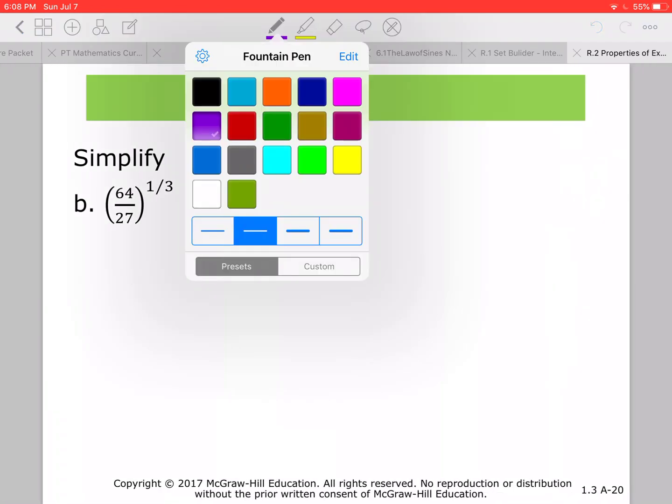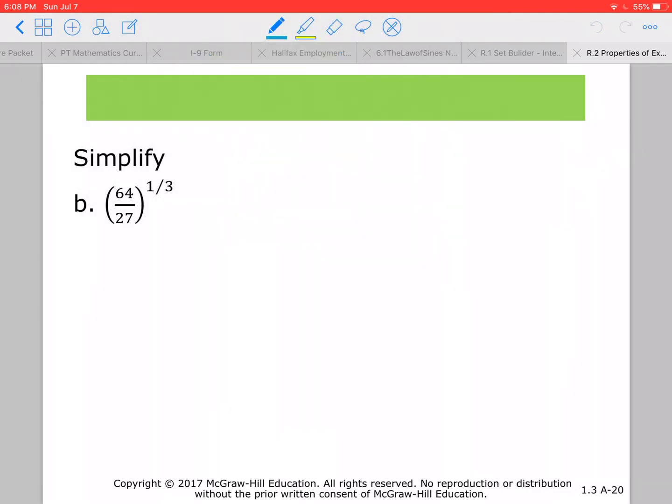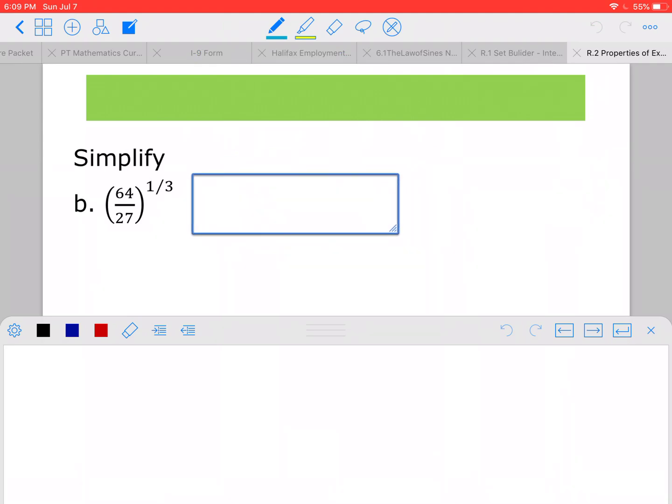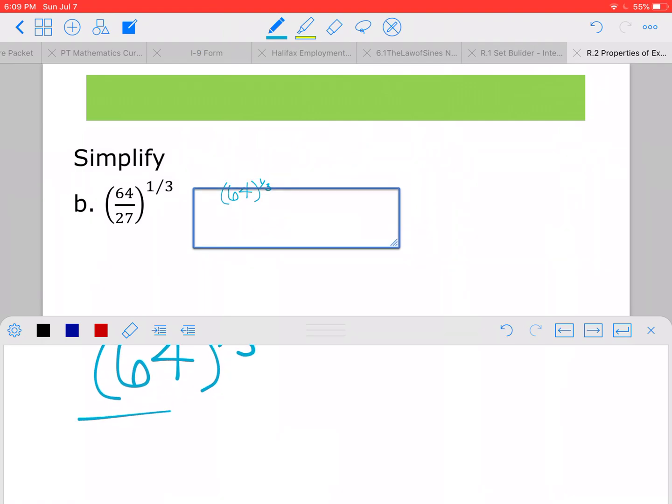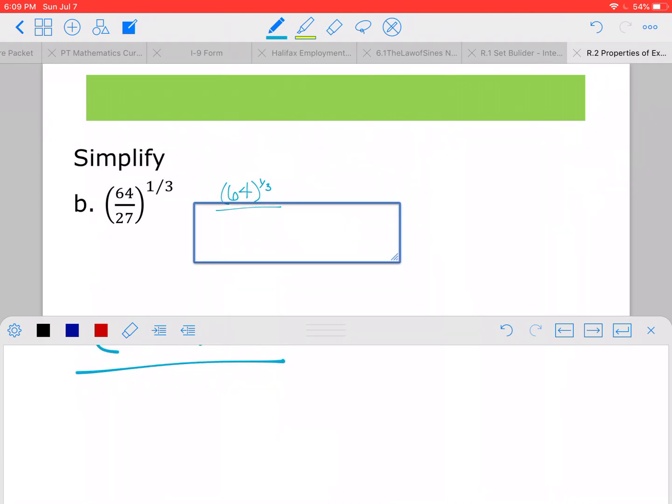So part B, we've got cubed root. So this is the same as 64 to the 1/3 power. Remember back in our exponent properties, and 27 to the 1/3 power. Okay?